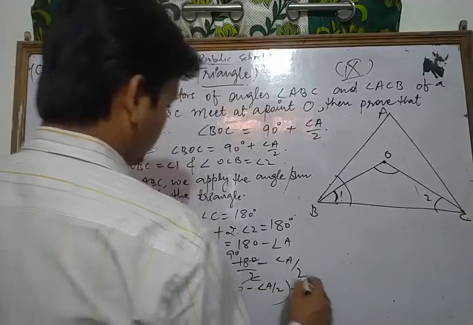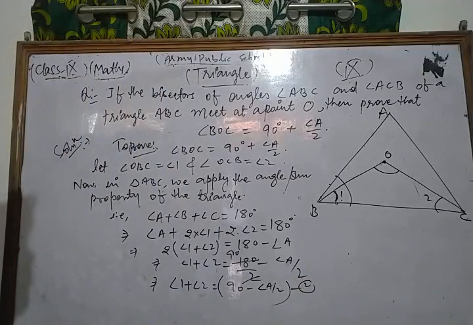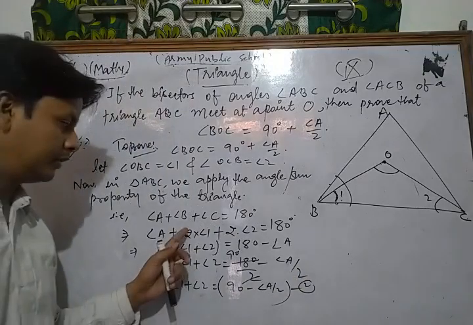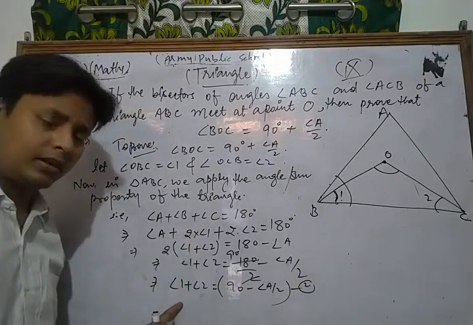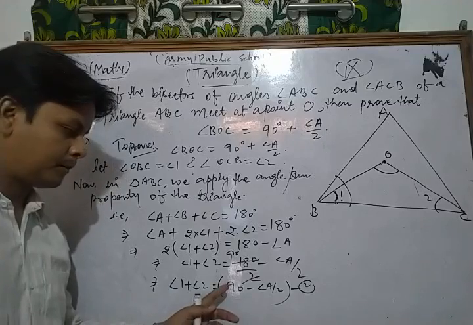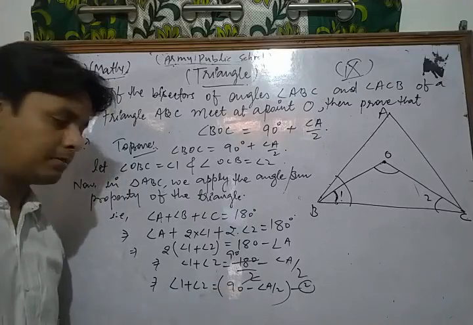Let's call this equation 2. In this way, dear friends, we find that the value of angle 1 plus angle 2 is 90 minus angle A by 2.